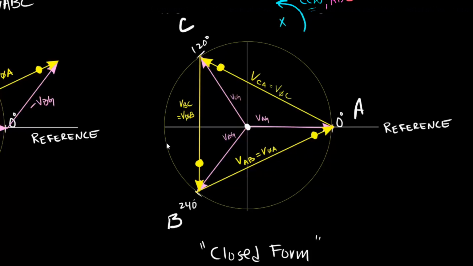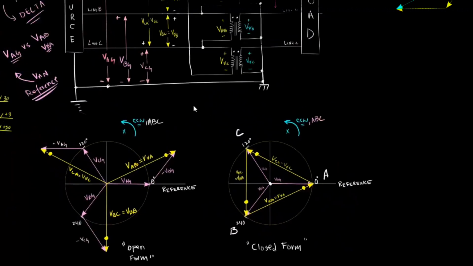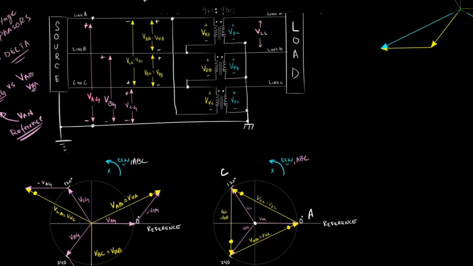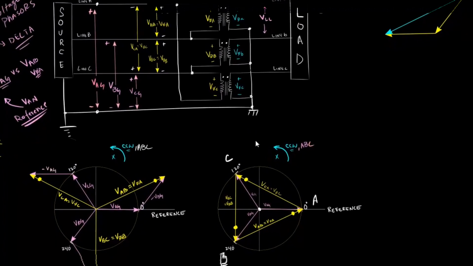So let's back up, and then let's compare it to our actual transformer connection. Okay, so what are we actually saying here? We're saying that the polarity side of V phase A is connected to the non-polarity side of V phase C. So this is our phasor here that represents this phasor diagram here.